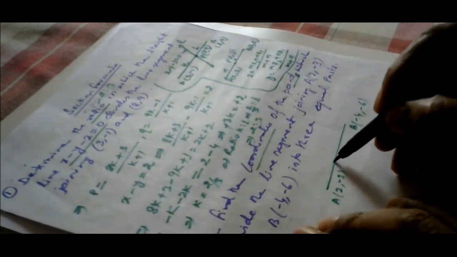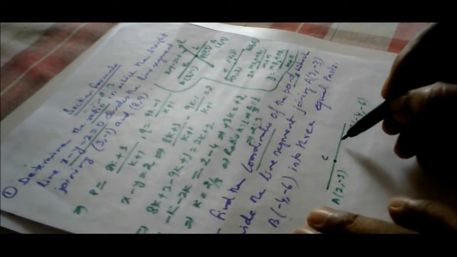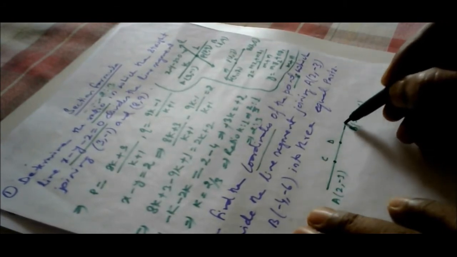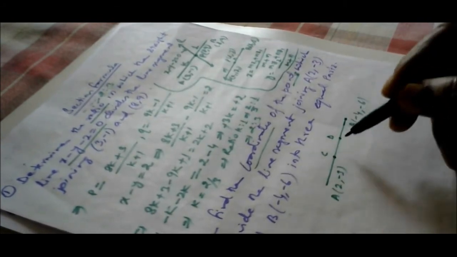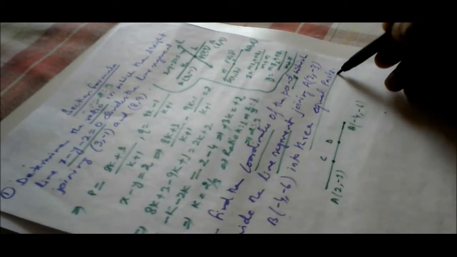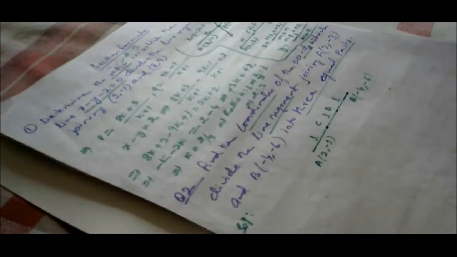So suppose any points C and D are the points which divide the line segment into three equal parts. It means it is 1 is to 1 is to 1.